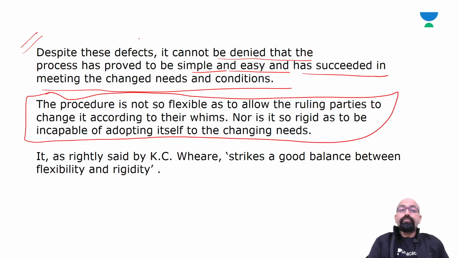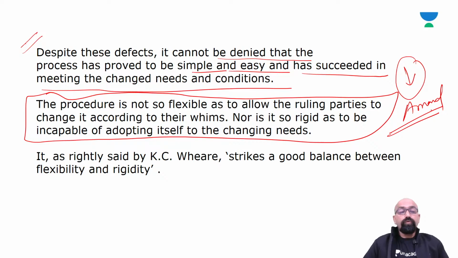It means the ruling parties cannot change or amend it easily, but it is also not so rigid that it cannot adapt to the changing needs. It depends on our parliament, according to our need, so they can amend these provisions.